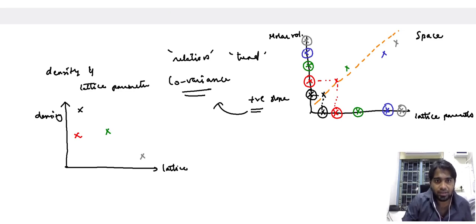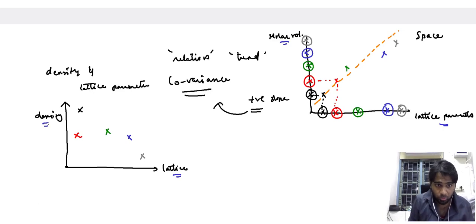So what essentially we are observing is that, as opposed to the trend you see when comparing two different independent variables, molar volume and lattice parameter, you see a trend here. You are able to observe there is a relation between these two variables for the given population.